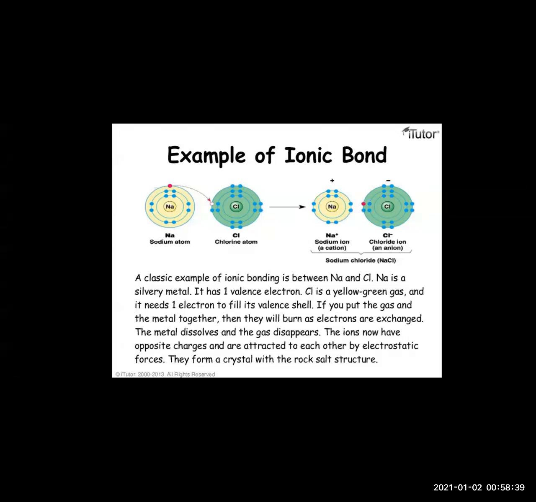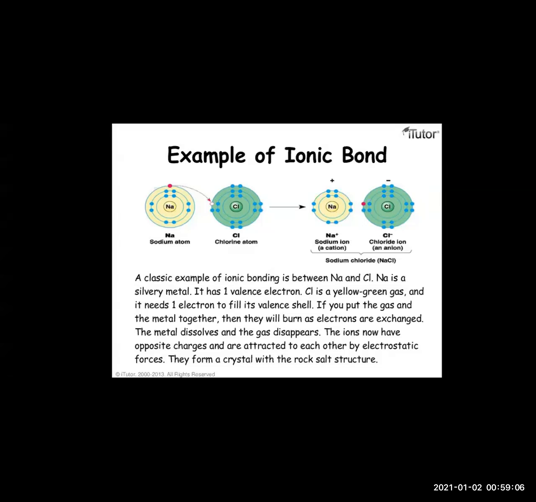Since one electron has been donated, it has become a cation. Sodium has become a cation, and chlorine, by gaining one electron, has become a chloride ion. Okay, now in this ionic bond, what have we studied?